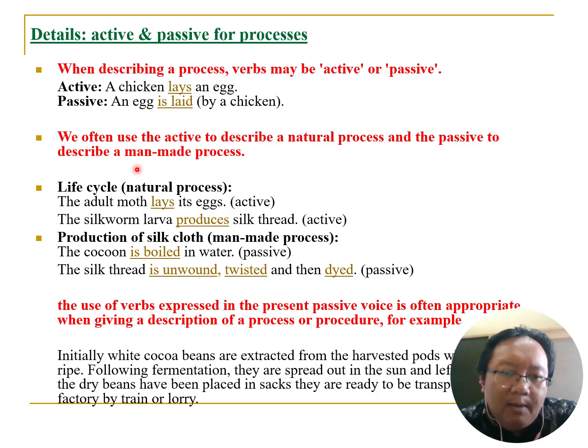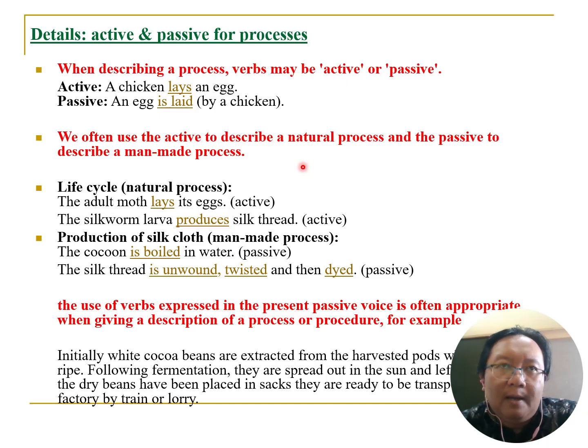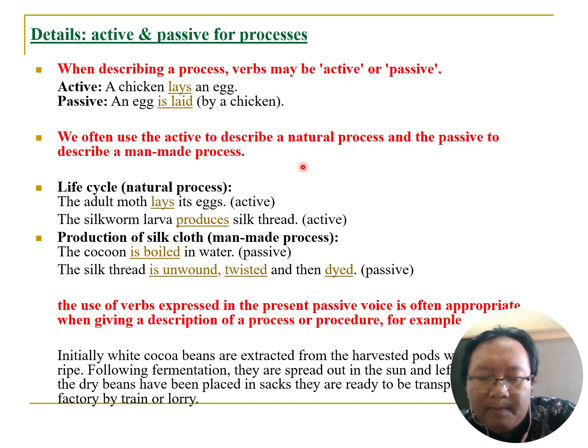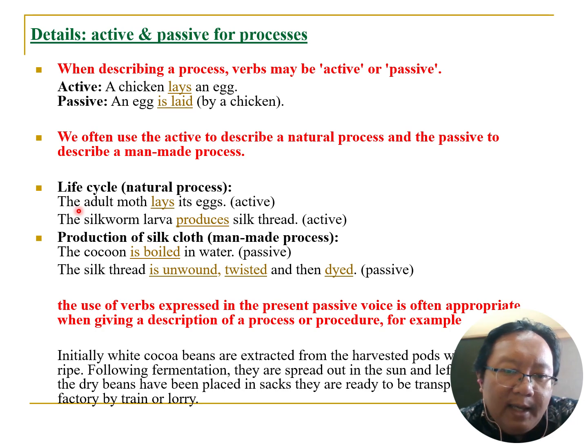We often use the active to describe a natural process, meanwhile the passive to describe a man-made process. Sometimes you will be given not only a man-made process diagram, but it could be a life cycle of something that happens, or you can say a natural process. You can see in the sample, the adult moth lays its egg.